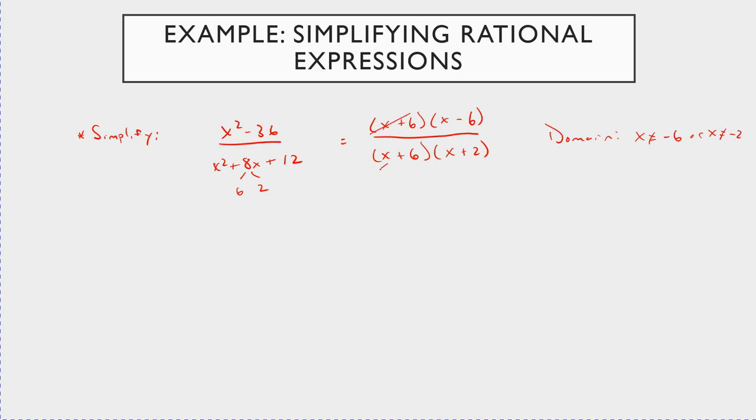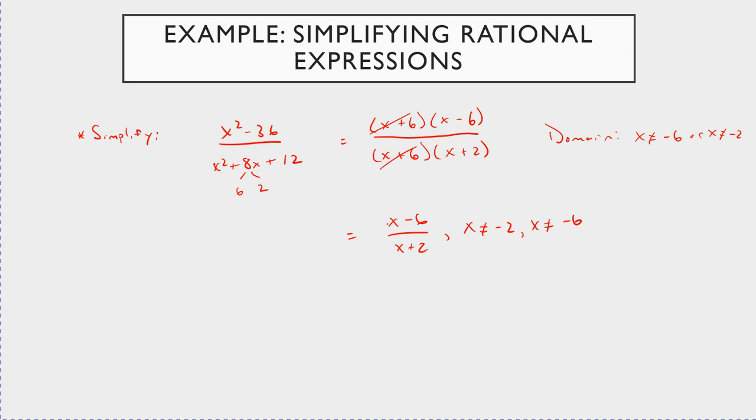So now you're going to cancel it out, and you're going to be left with x minus 6 over x plus 2, but x cannot be equal to negative 2, and x cannot be equal to negative 6. So when you go to find the domain, find the domain of the unsimplified version. So that's it. The key is factoring here, and then just canceling out common factors.